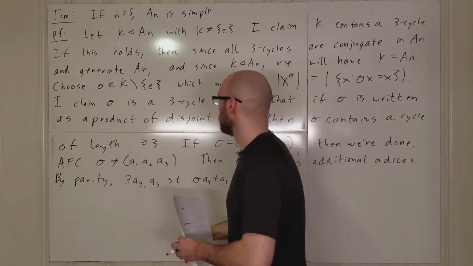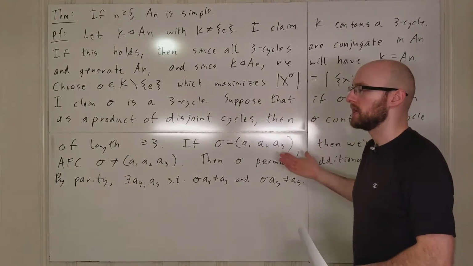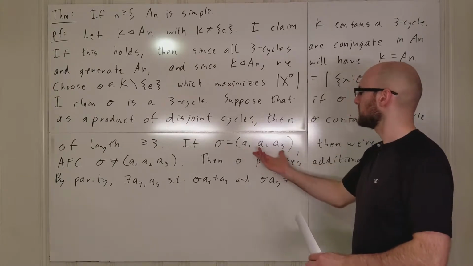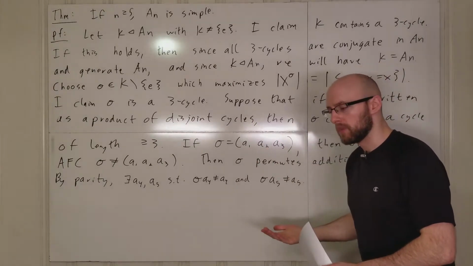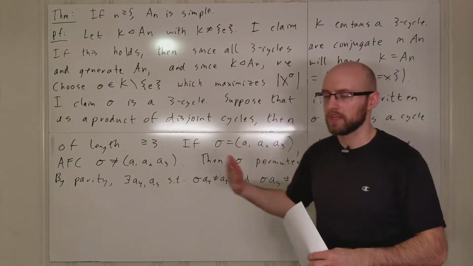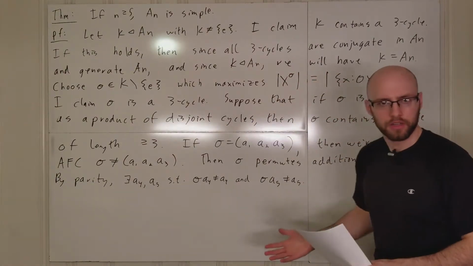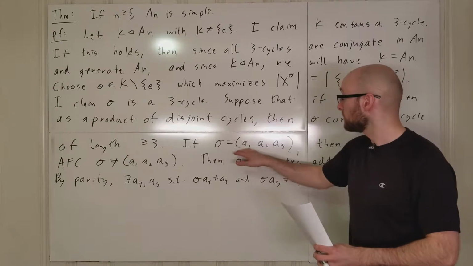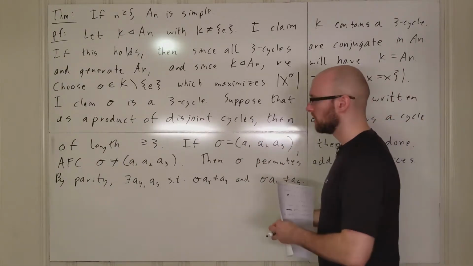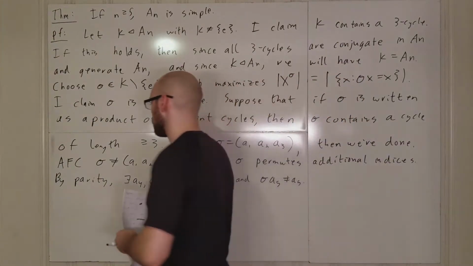If you were to add on some other cycle, then certainly that cycle would contain at least 2 elements, and so it would permute those. However, what if you were to just take this cycle and expand it a little? Then you might say, what if instead of (a1 a2 a3), we make it (a1 a2 a3 a4)? That would not work here, because a 4-cycle is not an even permutation, because you can just write it out.